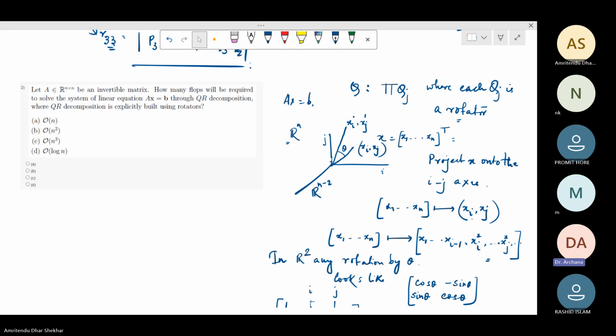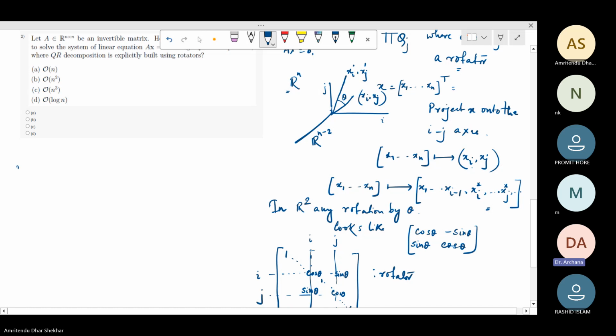Suppose it is n square minus n by 2. That is the total number of operations, and we write it approximate to n square. So we always take an approximate value?